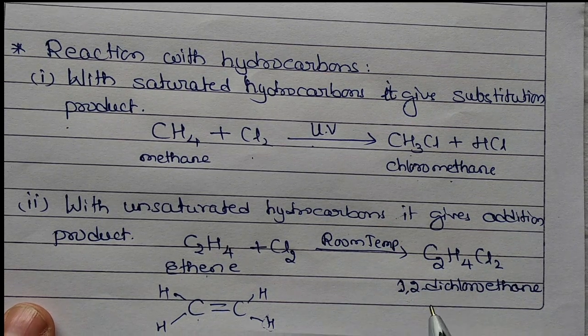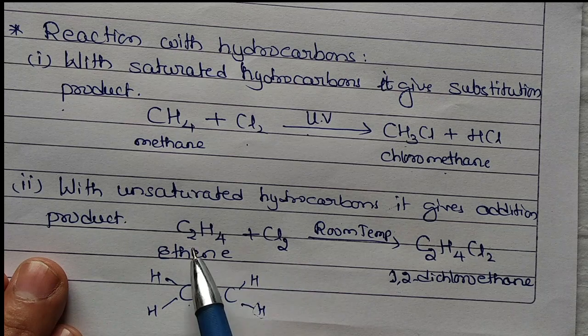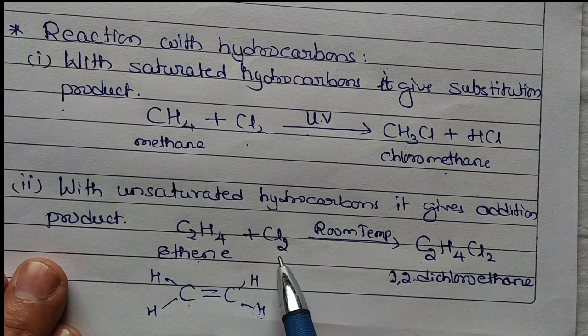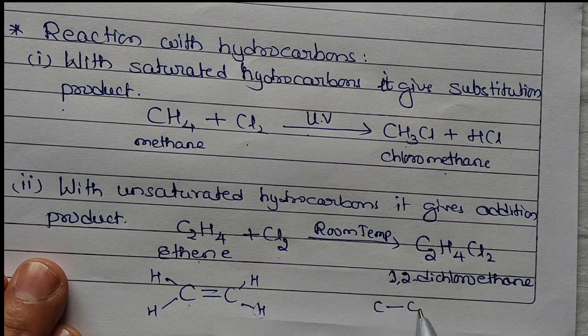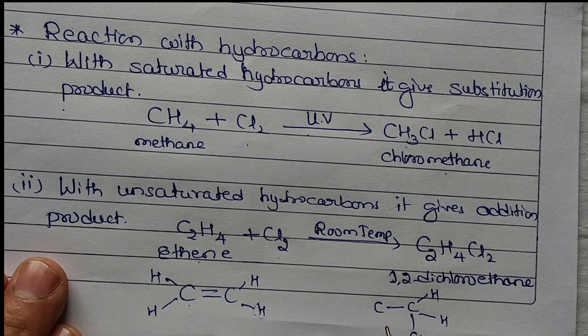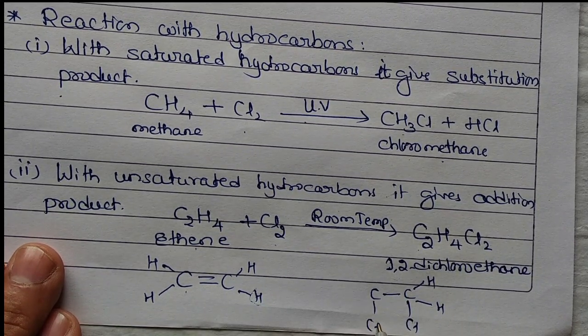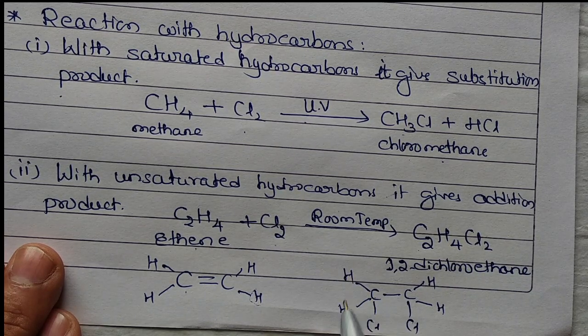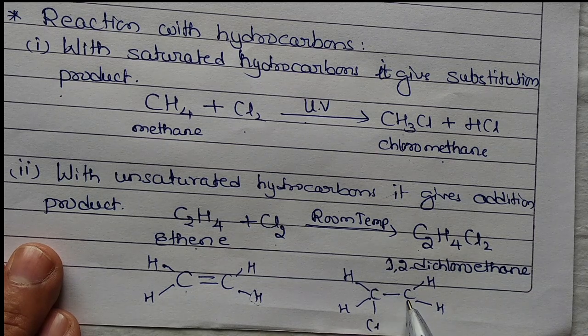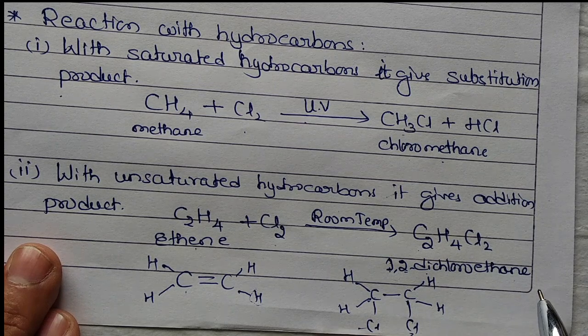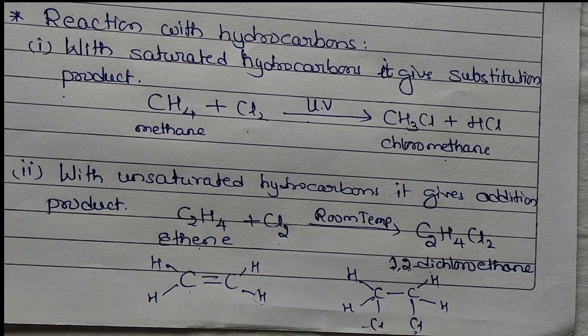The number of hydrogens and carbons stays the same, C2H4, and the addition product is with Cl2. So C2H4Cl2, on the first carbon and second carbon, 1,2-dichloroethane is obtained.